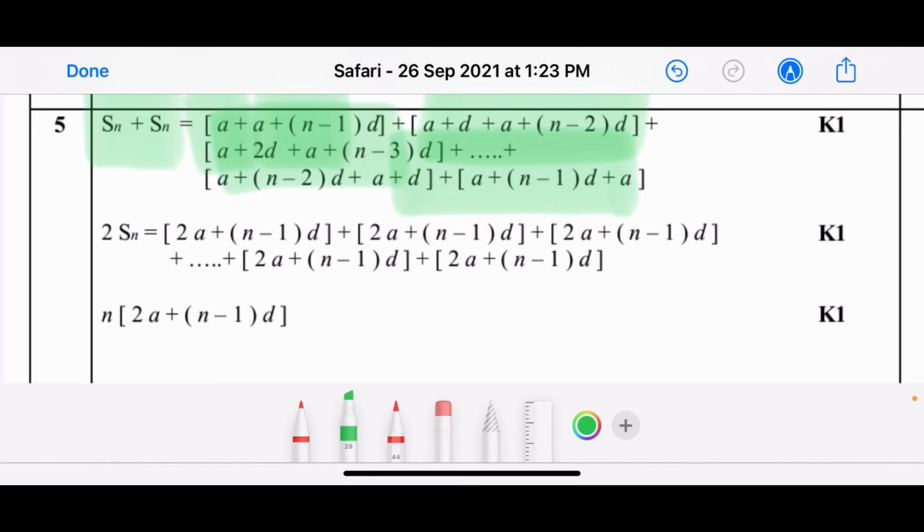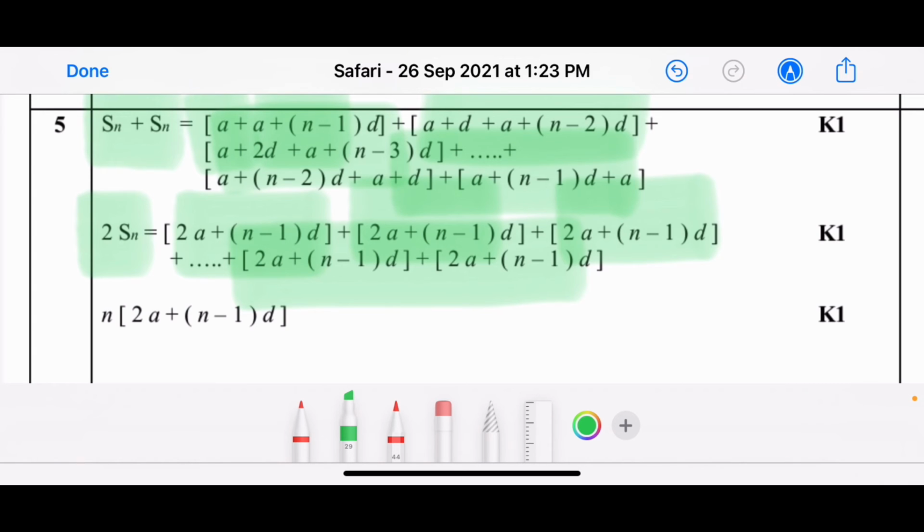Then we simplify. We will notice that every term can be simplified as 2a plus n minus 1d. So that means Sn plus Sn is 2Sn.